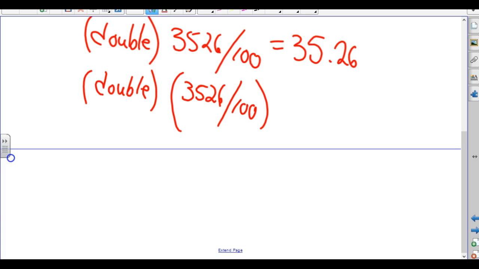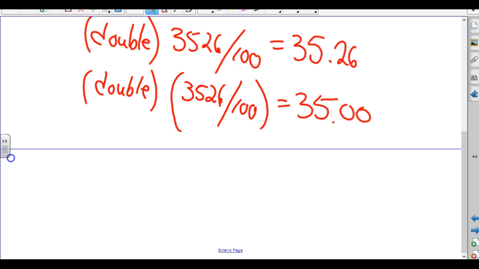Make it a double, and you get 35.00. Some of you were noticing that, and you might have noticed that in your change machine. If you're doing it improperly, and you go to print out the change, you're getting 0.0 change. That's why. Your parentheses are in the wrong spot.